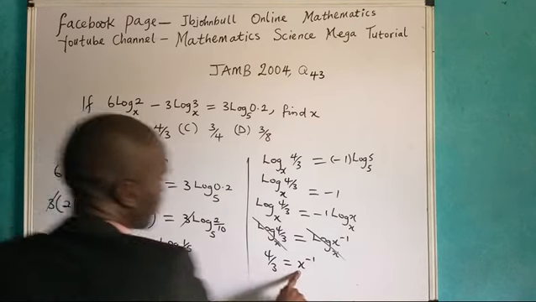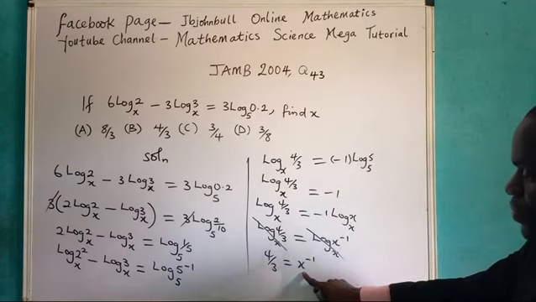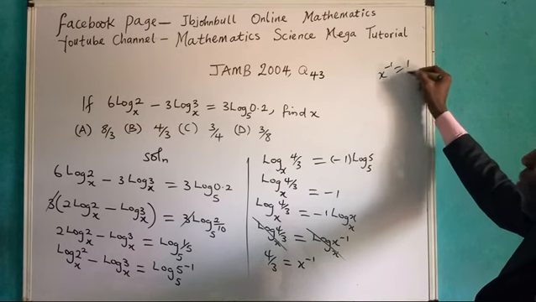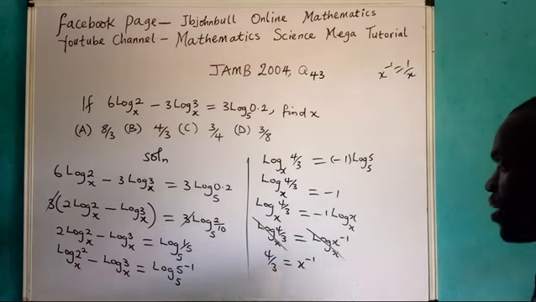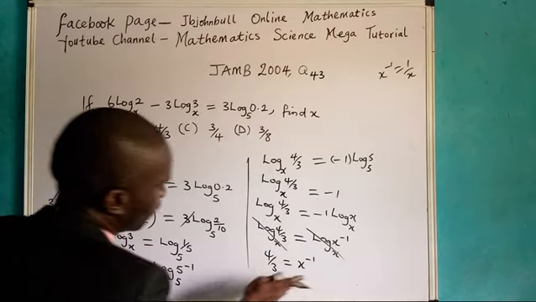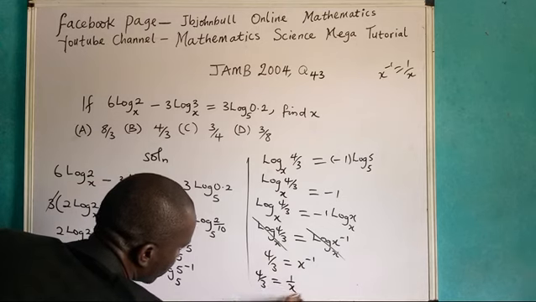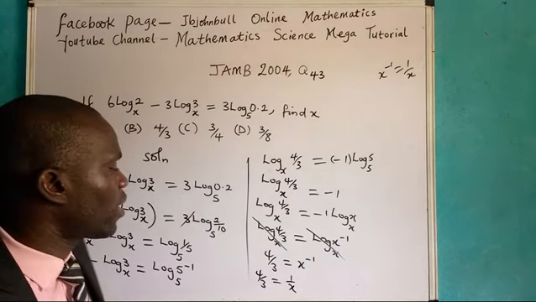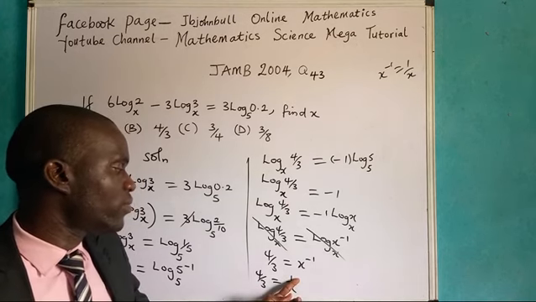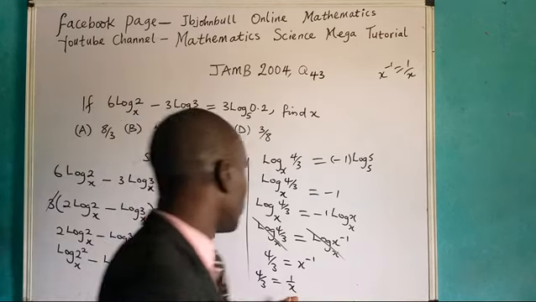For this one here, I want to work it out. s power minus 1 simply means 1 over s. Please take note of that. That is, we have 4 over 3 equal to 1 over s, and we are looking for s. I can change this one, bring s to the numerator, while 1 comes to the denominator.